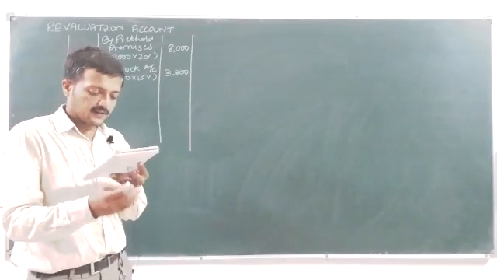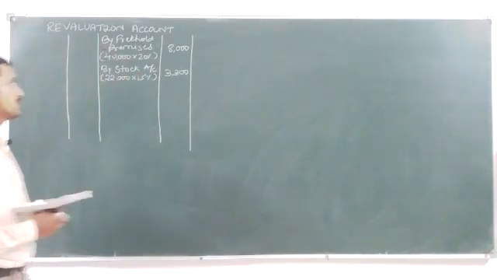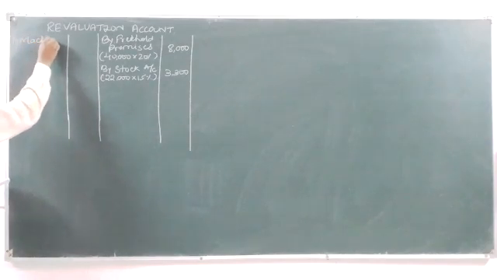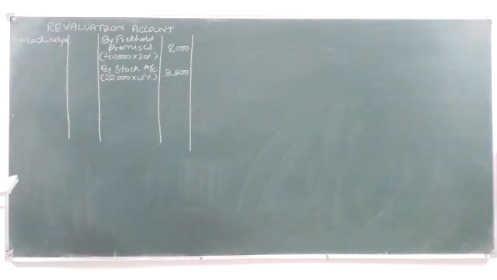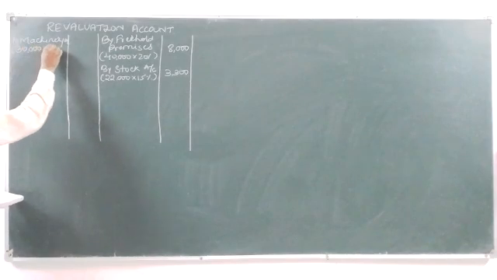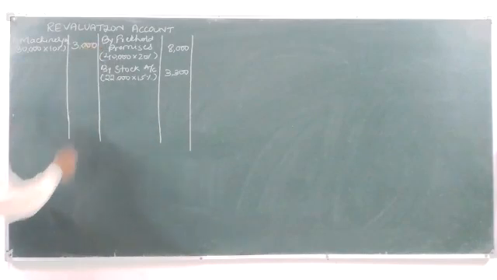Then machinery and furniture are to be depreciated by 10% and 7%. So first, to machinery account, in brackets 30,000 into 10%, that is 3,000.